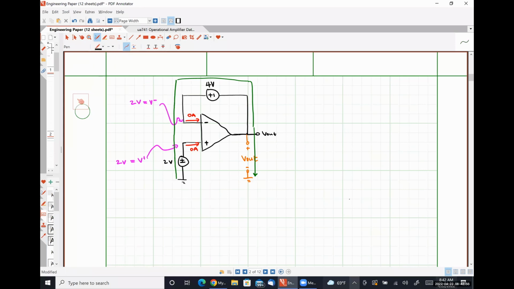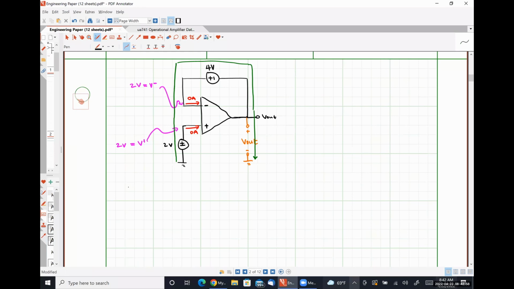So what do I see? Well, I see the negative polarity terminal of my 2-volt source. So that's negative 2 volts. Then I have the voltage drop across my input terminals, which has to be 0. That's why V plus and V minus are the same thing. Earlier at the very beginning of class, I just called this voltage drop 0 volts, which is why V plus and V minus are the same thing.